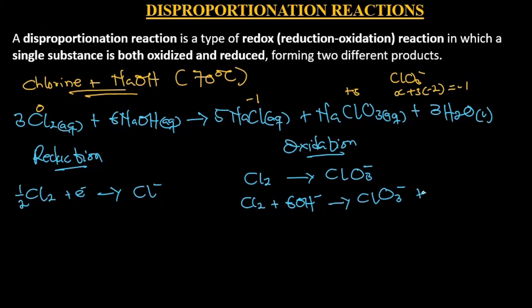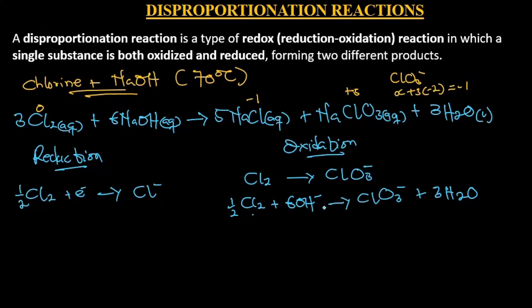To balance hydrogen, I'm going to add 3 moles of water. All right. Now, chlorine on the right is 1 and on the left it is 2. So I'm going to multiply this chlorine by 1 out of 2 to balance it.